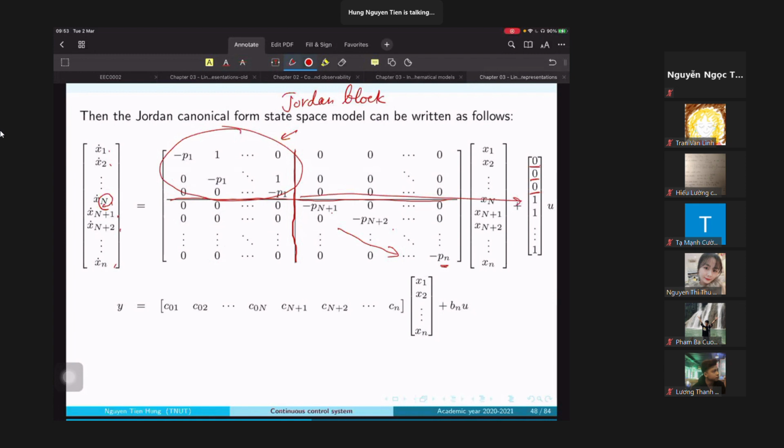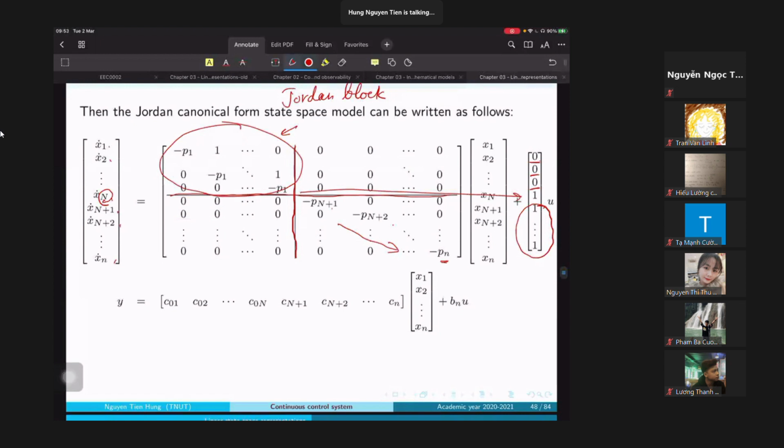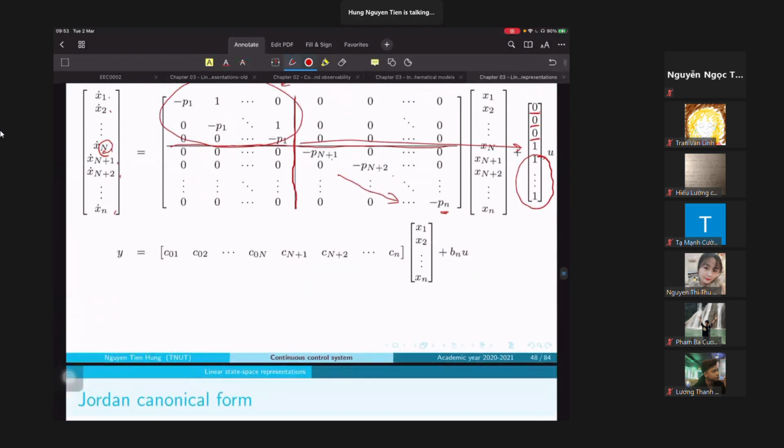All of this corresponds to the distinct roots. And this is the problem with notation: here we have C01, C02, up to C0n, and then n plus 1, n plus 2, up to Cn.